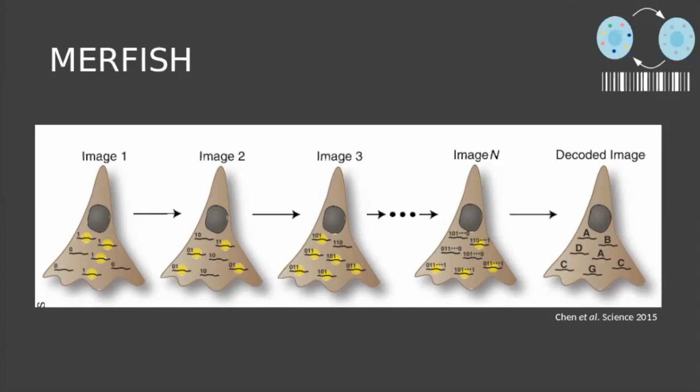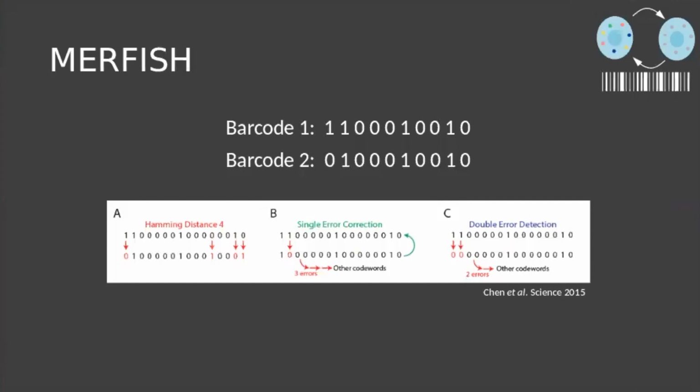And then they do the labeling, but these barcodes are designed in such a way that they cannot easily mutate into another one. They use Hamming codes, which are traditionally used for telecommunication to make sure that your messages, your email, arrive safely at the other end without errors.